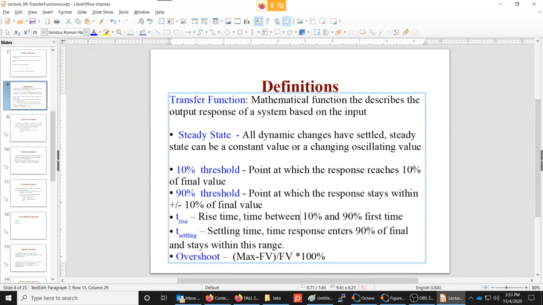So the rise time is defined as when it first crosses these two points. And then we also have something called the maximum overshoot. The maximum overshoot is the maximum value minus the final value divided by the final value, and it's a percentage, so you multiply it by 100%.